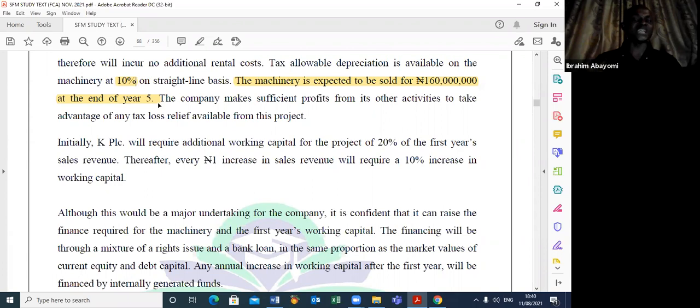That is why the sales proceed is stated as after tax. But if the question did not mention anything about after tax, then you are going to compute your balancing adjustment. Please, all these are the key things that you need to know in order to be successful.